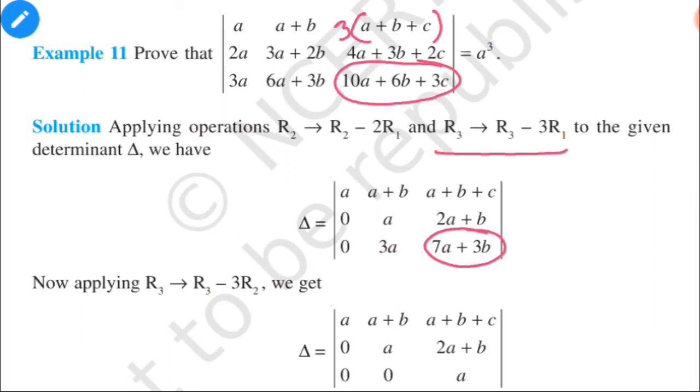Now we got the new determinant, delta equals a plus b, a plus b plus c; 0, a, 2a plus b; and 0, 3a, 7a plus 3b.